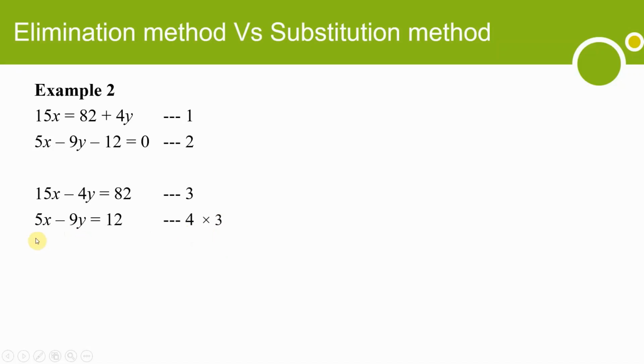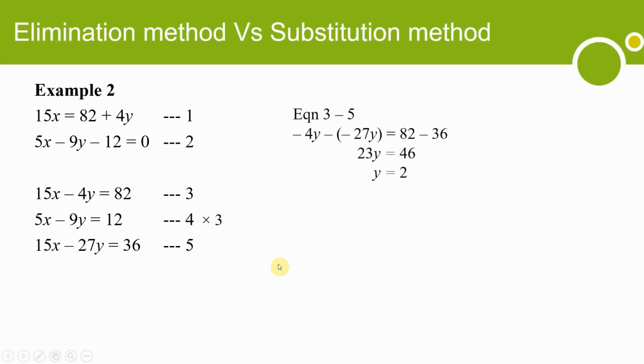So we will use equation 4 multiplied by 3 to make the x the same. And we'll get another equation. Now we can see that the coefficients of x are the same. And now we can use the elimination method using equation 3 minus 5.